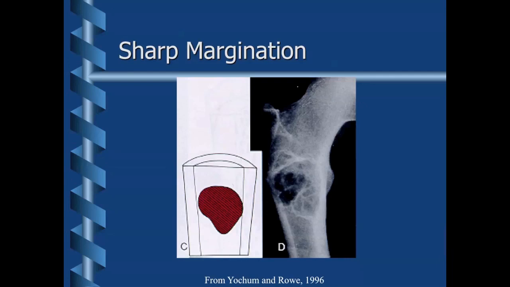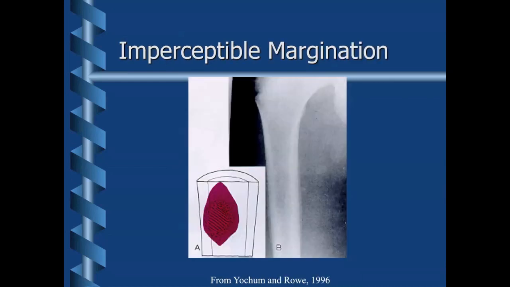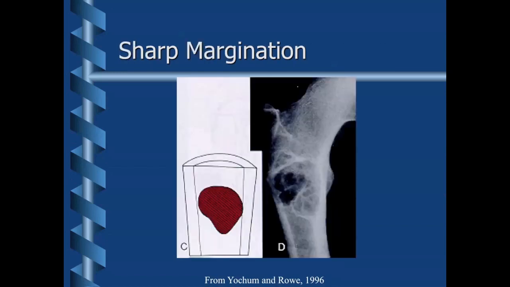So in reality, this lesion is probably a better lesion to have than the previous example. I'll go back to the previous example. So this one's probably worse, even though it actually looks better to the untrained eye compared to, and I'll go forward a slide, this one.